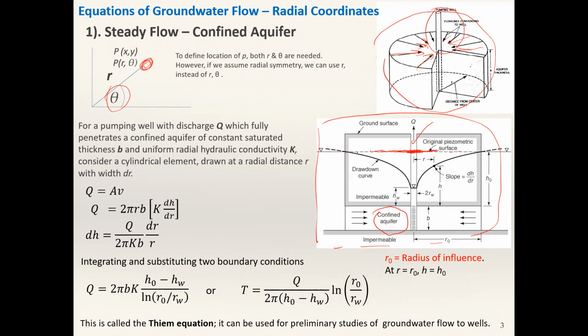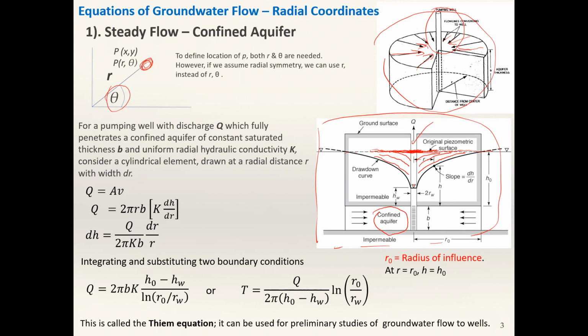So this is the original piezometric head. When you start pumping water out, what will happen? This piezometric head will start changing like this. The drawdown gradually increases with time. Then there will be a stage where the drawdown doesn't change anymore. That state we call the steady state.